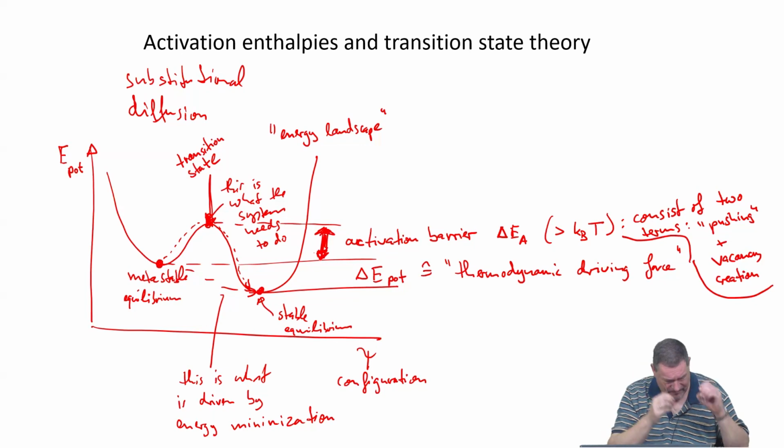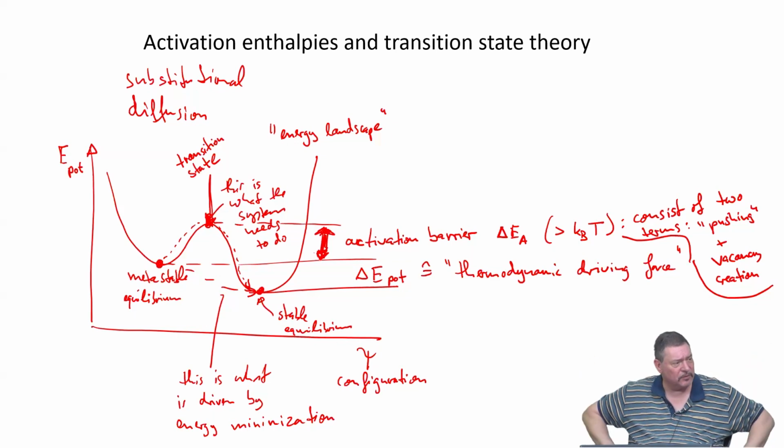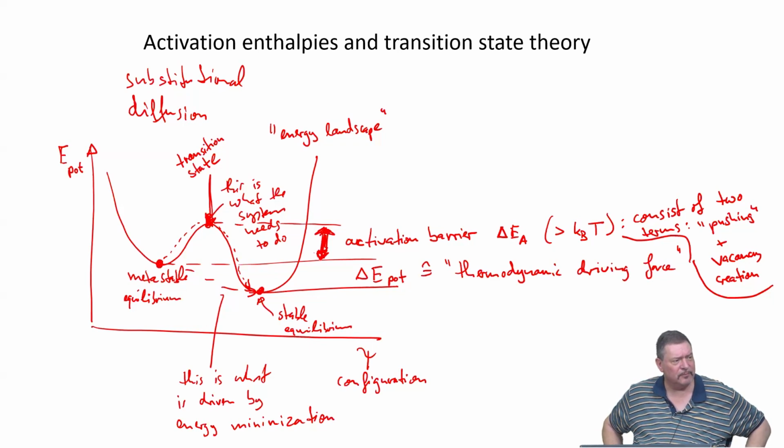Now, if I apply a current, so we had this example of the hillock formation along an electrical wire. So there is a potential difference which I apply to the material. Does it change the energy landscape? It does.